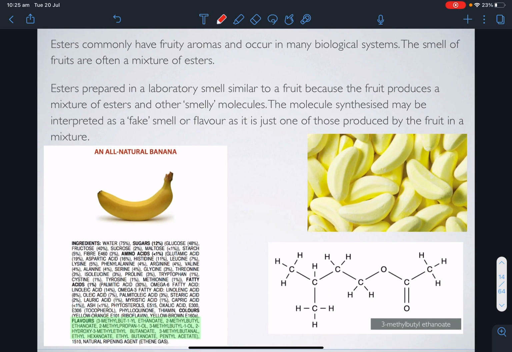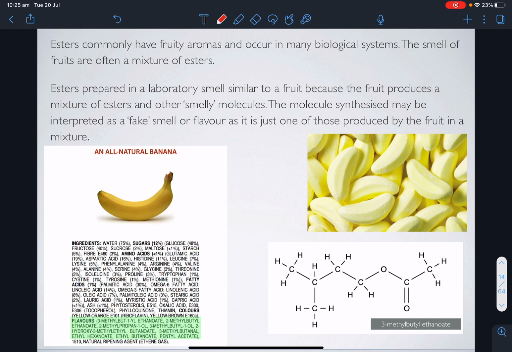Okay, uses of esters. Esters commonly have fruity aromas, they're very smelly. Okay, so they're used for perfumes, they're used for flavors. Okay, and they occur in many biological systems. And the smell of fruits and sometimes vegetables, and a lot of things sometimes come down to it having esters in them, okay?